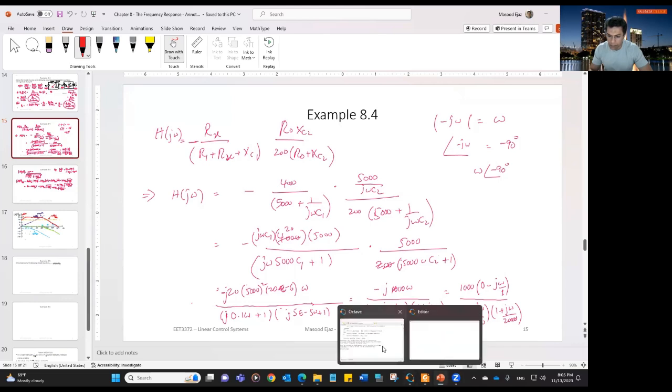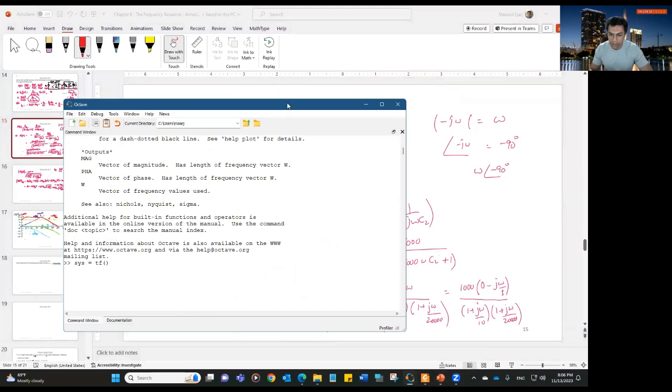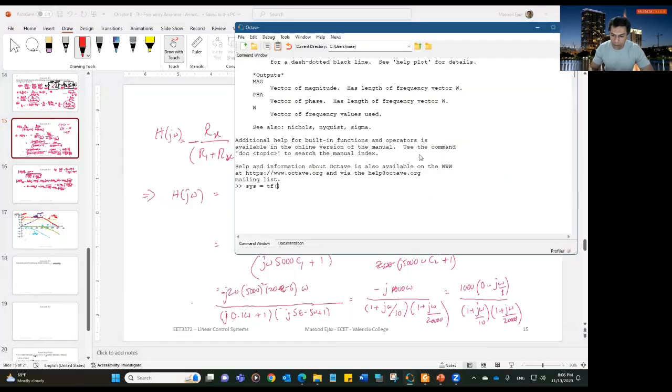So I'm playing with it right now. Let's see if it works. So the numerator is going to be negative 1000 j omega, so j omega is s.